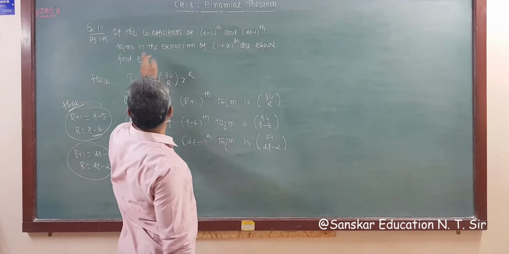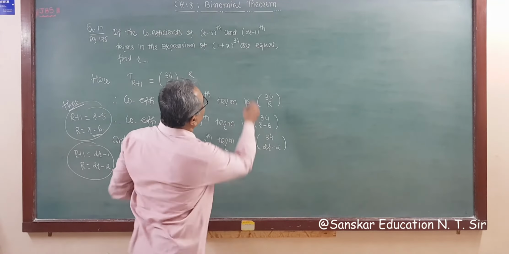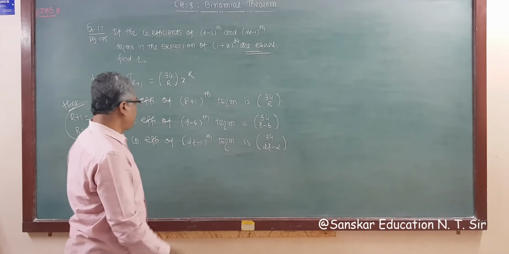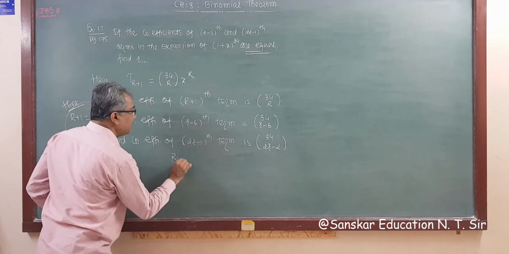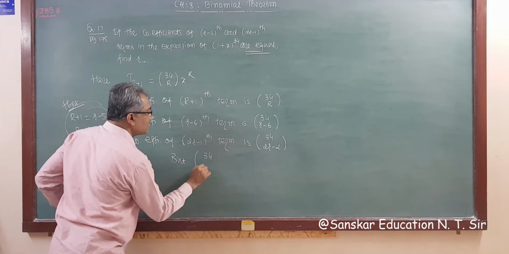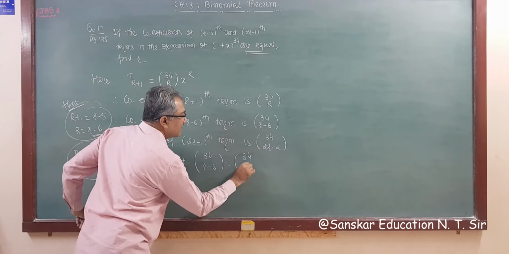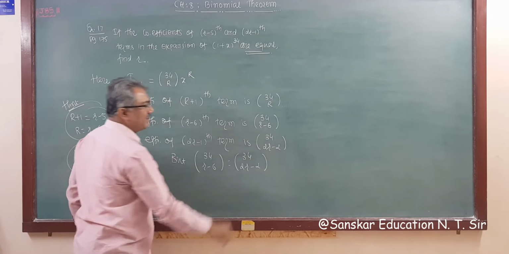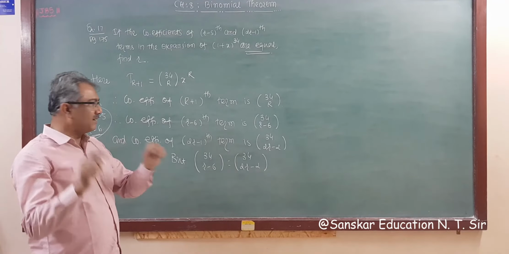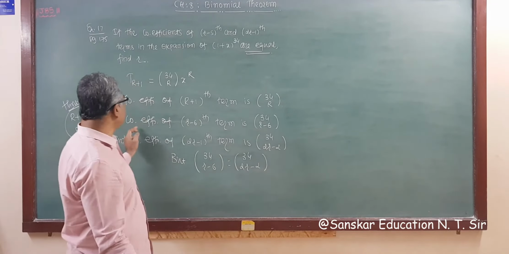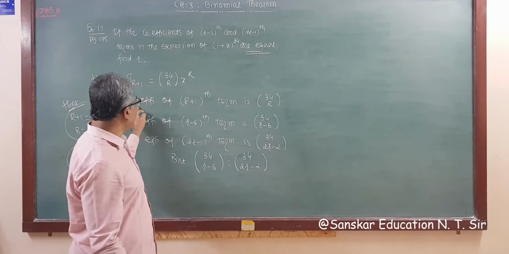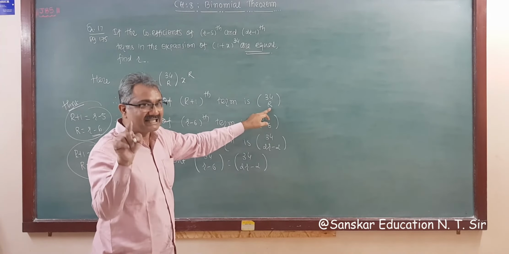Coefficients of these two terms in the expansion are equal, right? It is given that 34C r minus 6 is equal to 34C twice r minus 2. 1 less R we have to take. So if it is the R plus 1 term, then the coefficient is 1 R less.